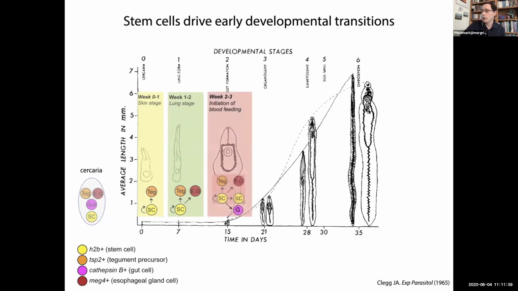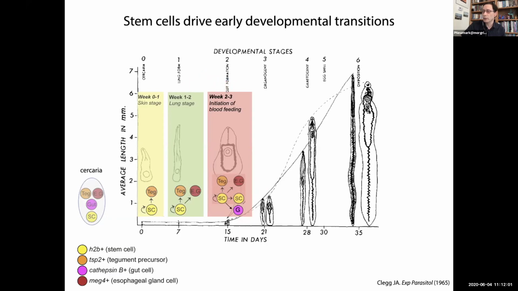But now once we harvest parasites from the hepatic portal vein where they can initiate eating, now we can begin to see cells giving rise to gut tissue as well as making additional stem cells. And so what this tells us is that there's this period between migration from the lungs to winding up at the hepatic portal vein where the gut is actually being formed.